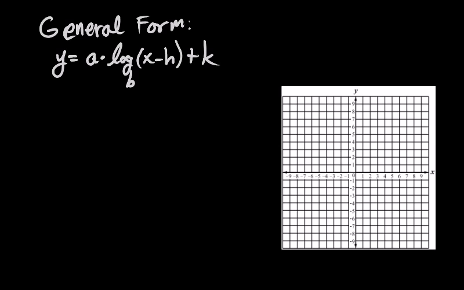If you see something that has a variety of numbers plugged into it, that looks of this form, you're going to have to do a few different things to graph. We know that h moves the graph left and right, right? k moves the graph up and down. And a makes the graph reflect if negative.